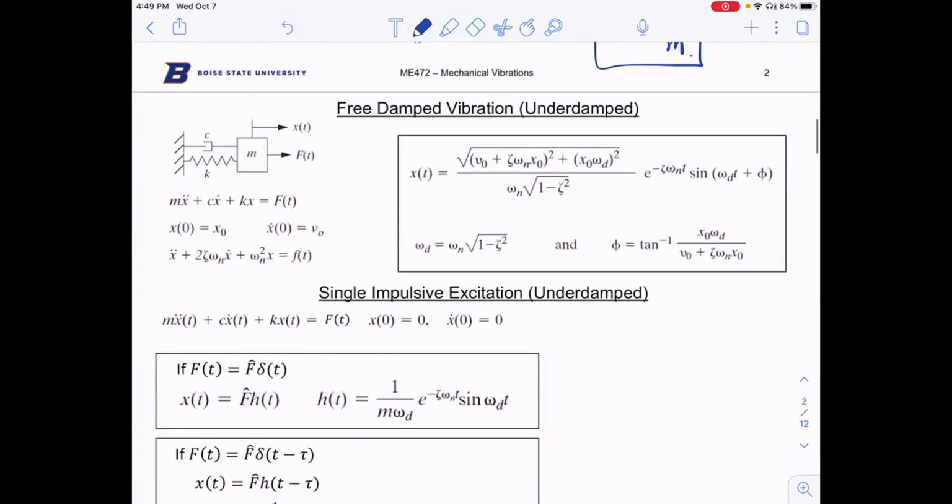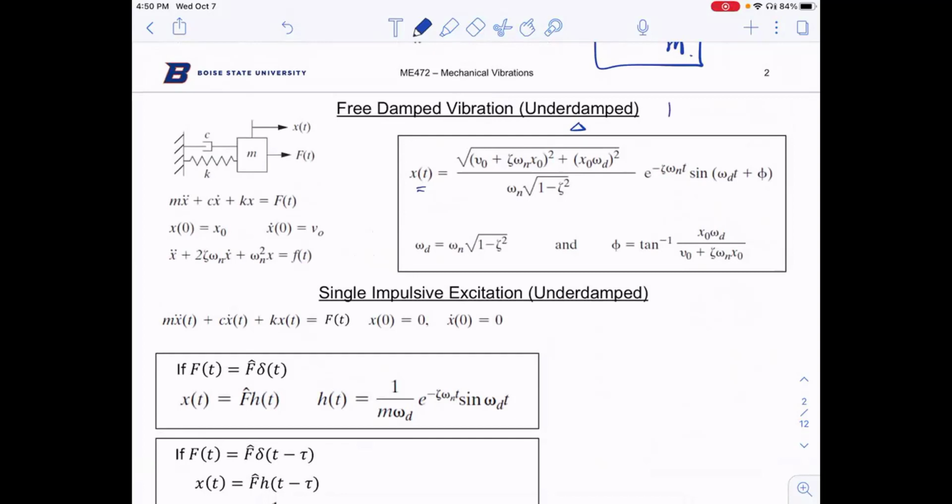You can refer back to lecture 3 or lecture 4, where we have the free damped vibration of a first order system. Your response simply depends on initial velocity and initial position. Here we only discuss the underdamped condition, but in the homework, I have a question asking you to solve for an overdamped system, so you can give it a shot.